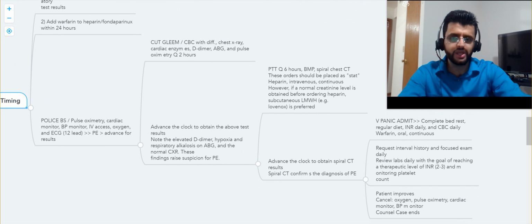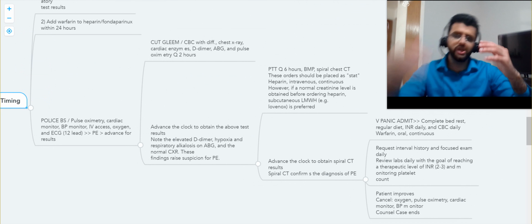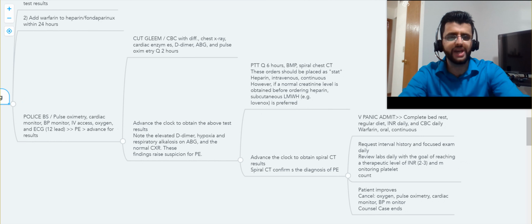Okay. And then, once you note an elevated D-dimer with a low oxygen and respiratory alkalosis on ABG with a normal chest X-ray, this is a high suspicion for PE. So what do you do after that?